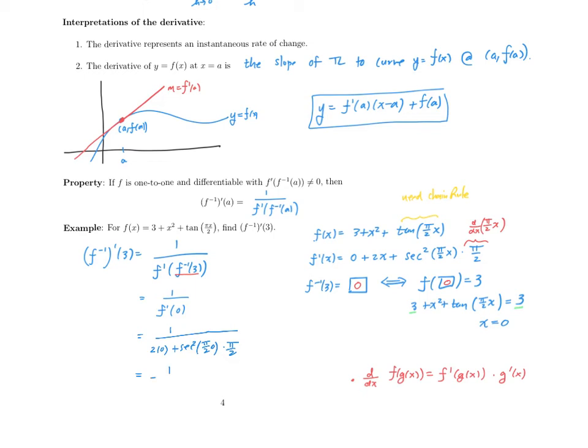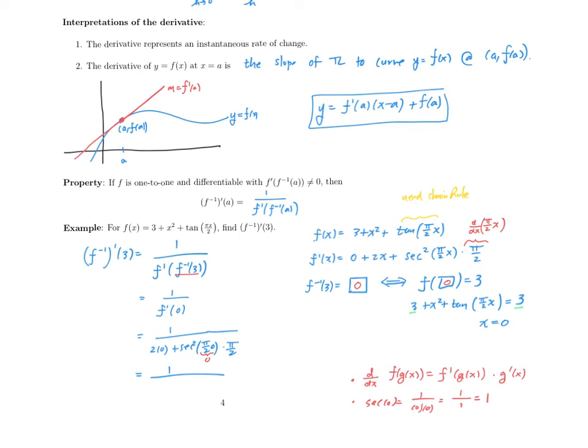And the real question now becomes, what is secant of 0? So pi over 2 times 0 is 0. And secant of 0 is 1 over cosine of 0. And cosine of 0 is 1.